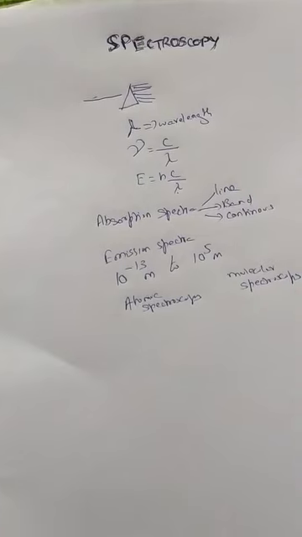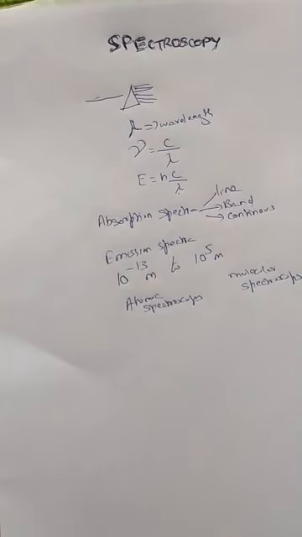These are the basic ideas about spectroscopy. Recapping, when electromagnetic radiation, EMR, is absorbed or emitted by a substance, we get a spectrum. A spectrum is a plot of wavelength, or energy or frequency, on the x-axis with the intensity on the y-axis.